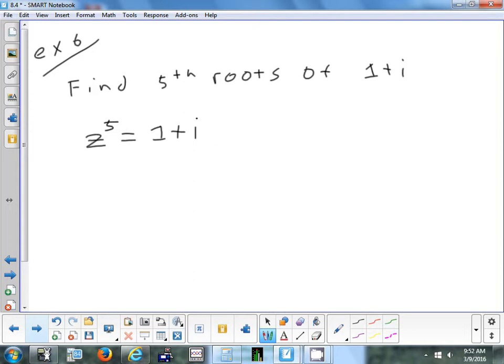It's the same steps. The only thing here is, what's the imaginary part? 1. And the real part? 1. So you could probably already figure out, if you go right 1 and up 1, what kind of angle does that make? 45. Yeah, it's a 45. And my radius? Oh, I think we did this earlier.